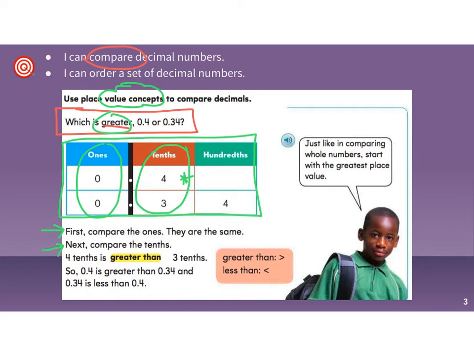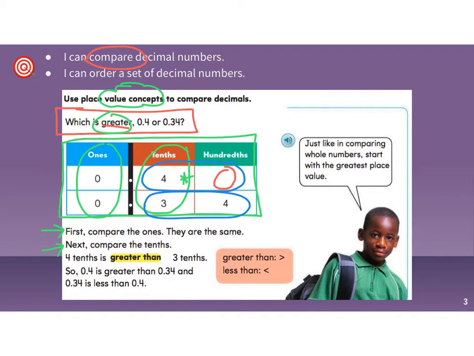If you think about the blocks, the manipulatives that we use, 4 longs would be greater than 3 longs. Also, something else to keep in mind, I can put a 0 in the hundredths place when I have a digit in the tenths place, because 4/10 is equivalent to 40 hundredths. So that's another way I could compare. I know that 40 is greater than 34.